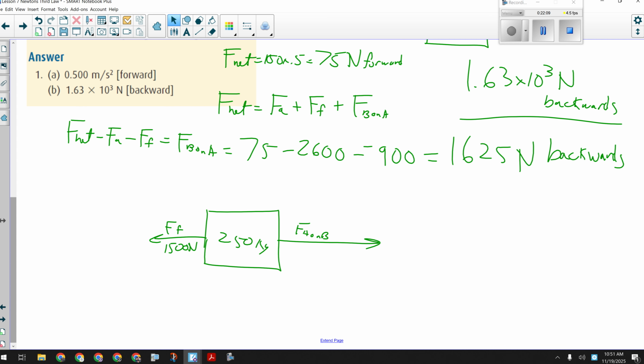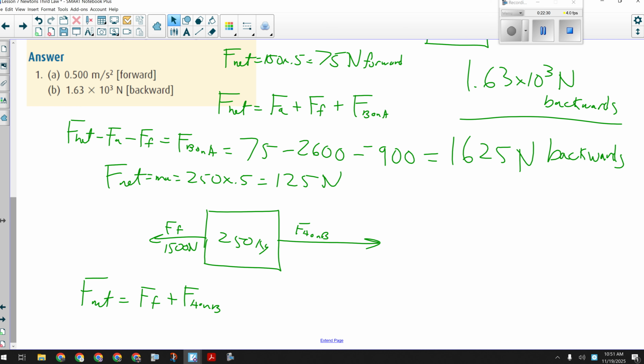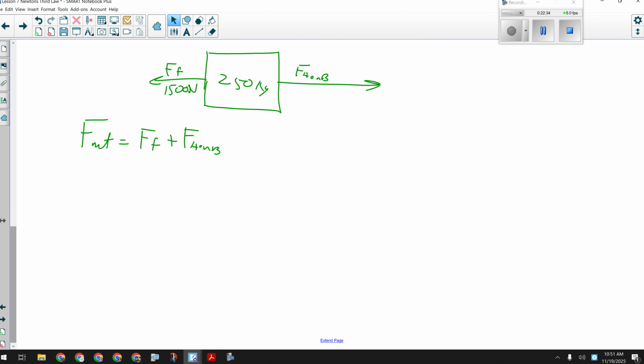Well, I can still do this. F net is m times a, so 250 times 0.5 is 125 newtons forwards. That is my net force, and then F net is the force of friction plus the force of A on B, which is the action-reaction pair. And then we just do the subtraction operation here.